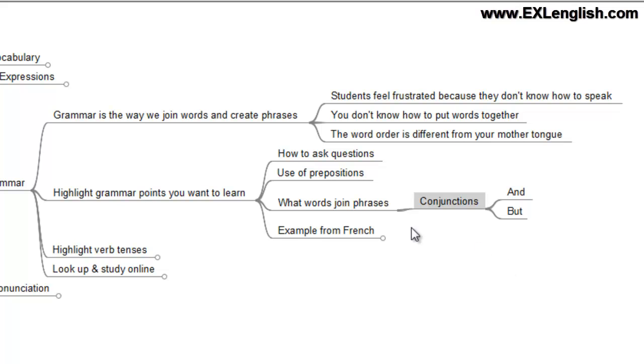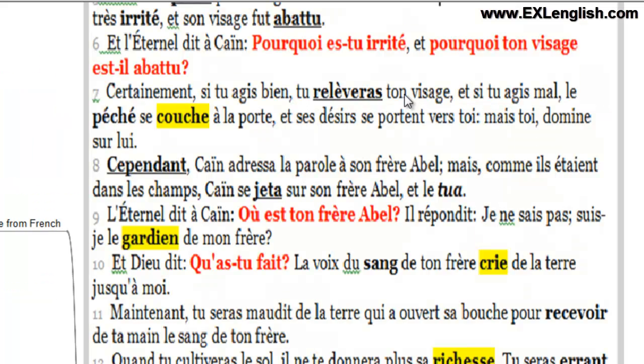So let me show you an example from one of my French lessons. So you can see here one of the texts that I was studying with the integrated learning system. And at the time, I wanted to know how to ask questions in French. I was kind of confused about how to use why, when, what, where, etc. And so I noticed that in this text there were several questions.